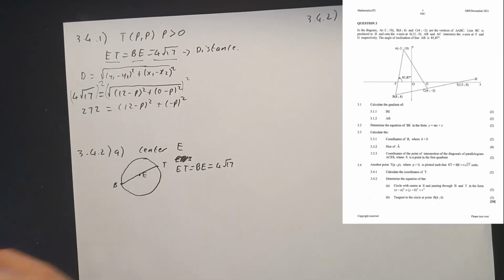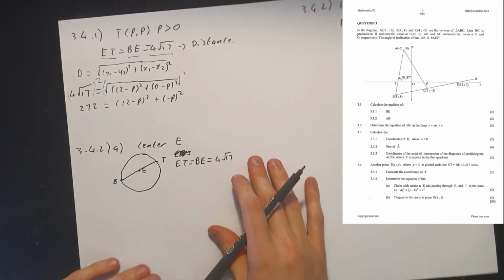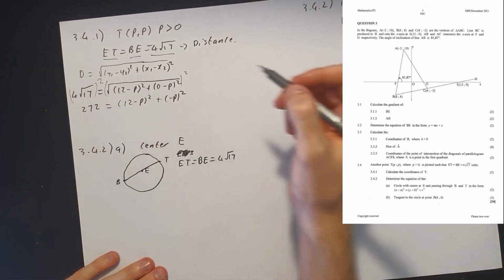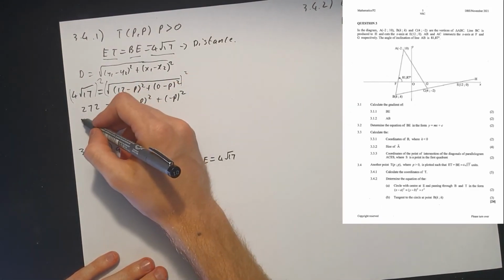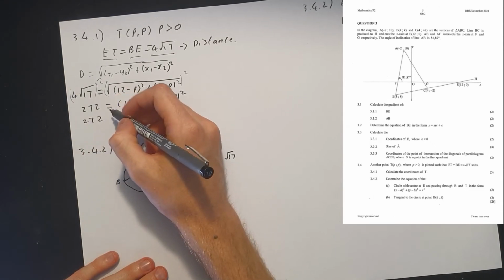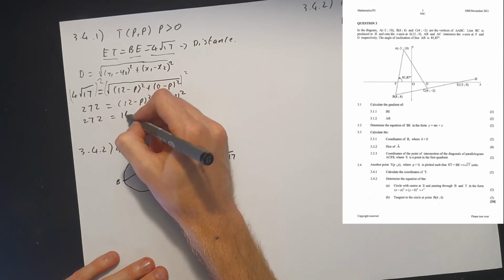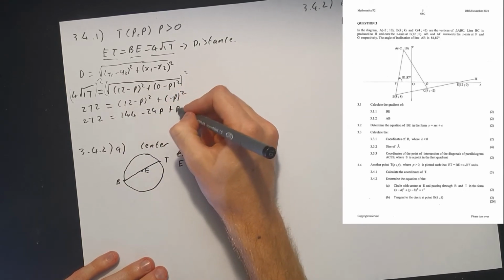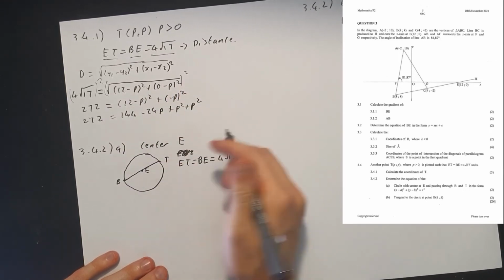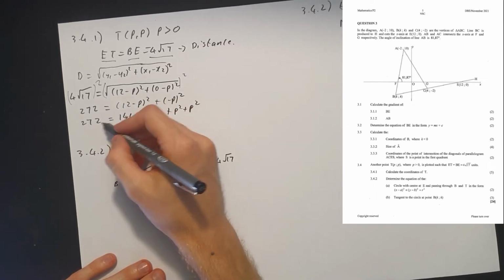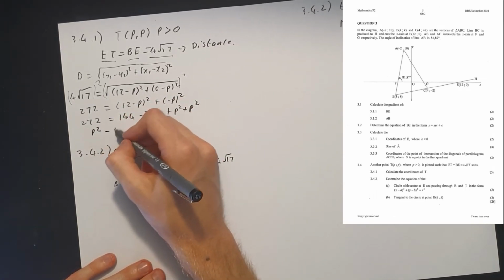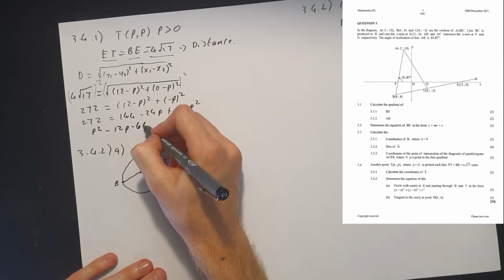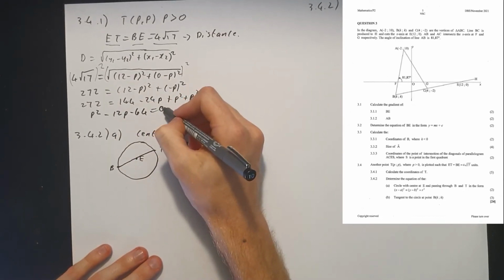Okay, now if we just sort out the algebra that goes with this, we're going to get the following equation. I'm sure you guys can all factorize. So we're going to get 272 equals 144 minus 24p plus p squared plus p squared. We simplify that down, we get p squared minus 12p minus 64 equals 0.